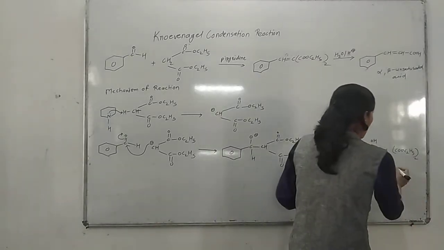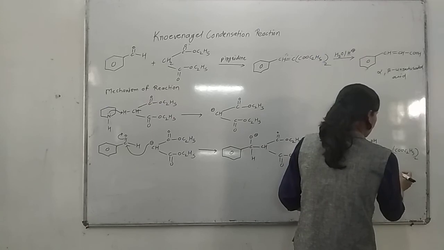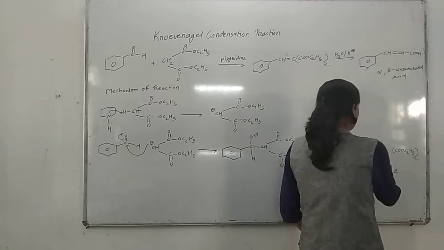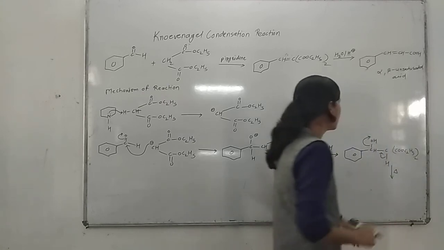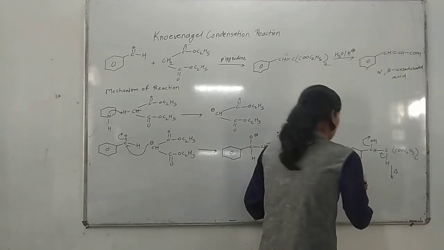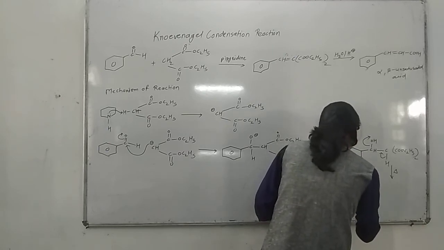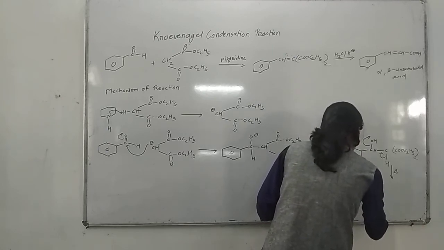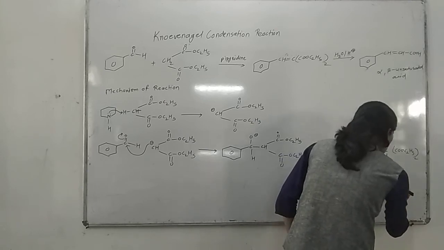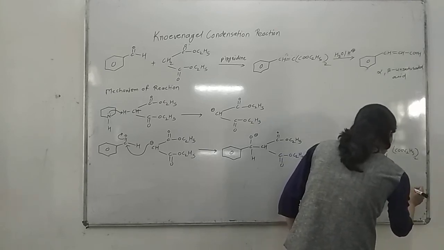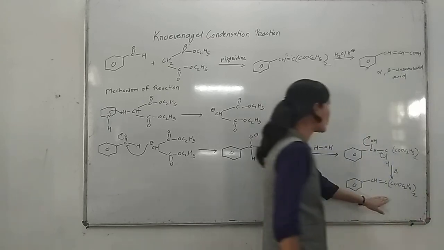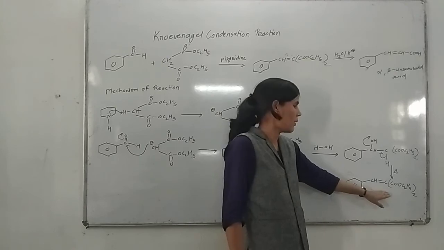This compound on heating loses a water molecule and results in the formation of a carbon-carbon double bond, C6H5CH double bond C(COOC2H5) twice. It means formation of an alpha beta unsaturated compound.